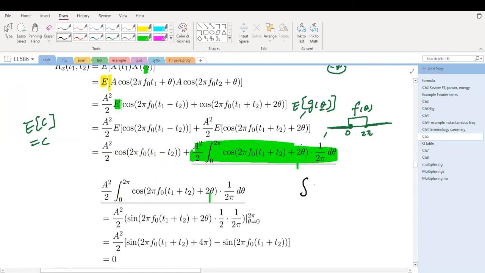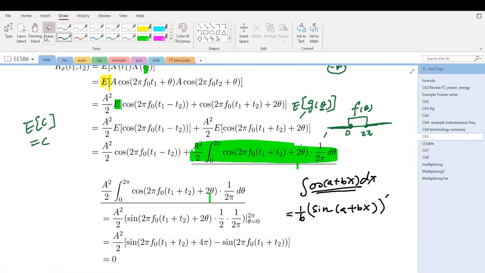We know the integral of cosine(a plus bx) equals sine(a plus bx) times 1 over b. We can check this because if we take the derivative of this, we obtain the integrand. That's the way to check whether we got the integral correct.